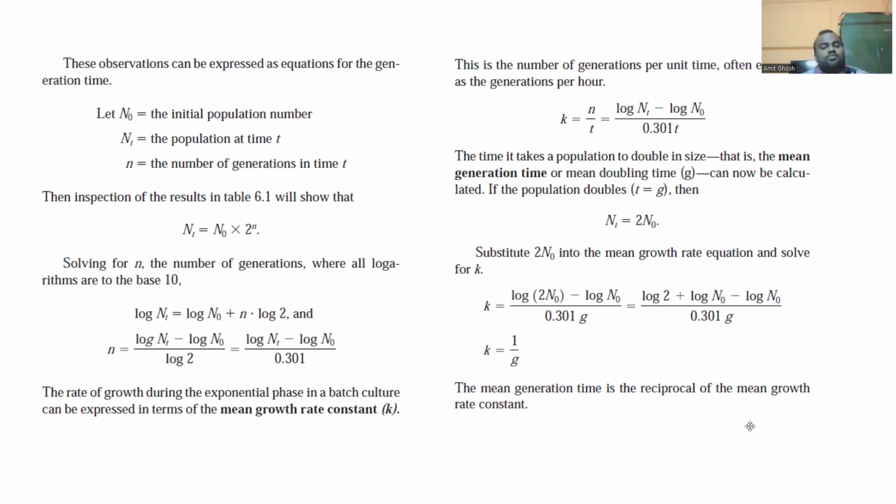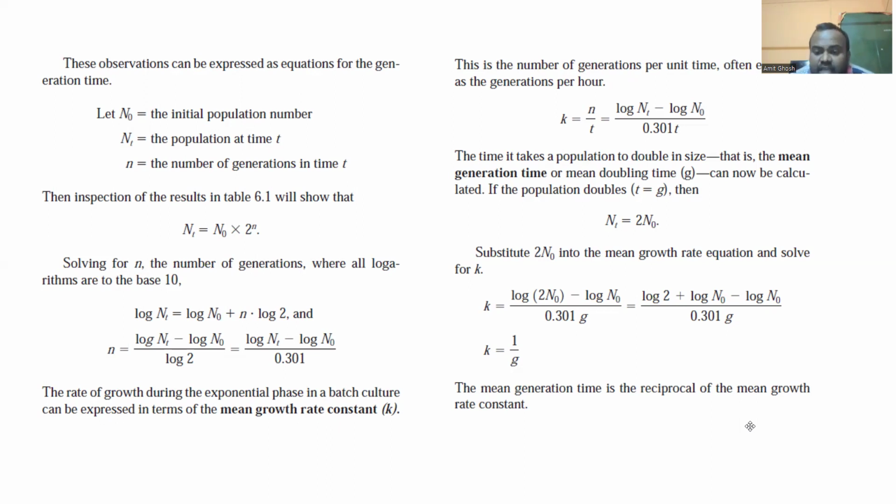Here Nt is replaced by 2N0, so we get K is equal to log 2 plus log N0 minus log N0 divided by 0.301 G. Log N0 and log N0 cancel out, and log 2 remains, divided by 0.301 G. So we can write K is equal to 1 by G.